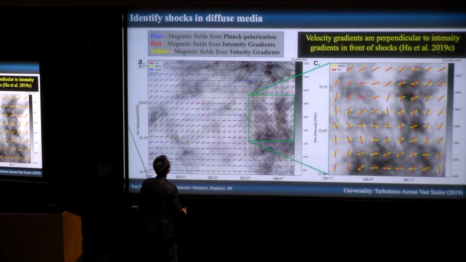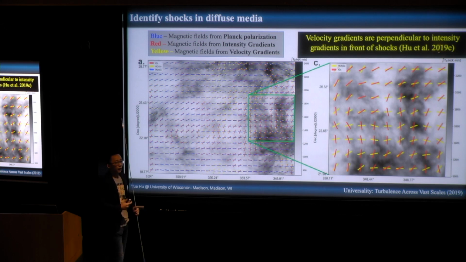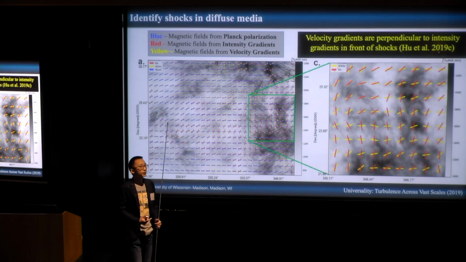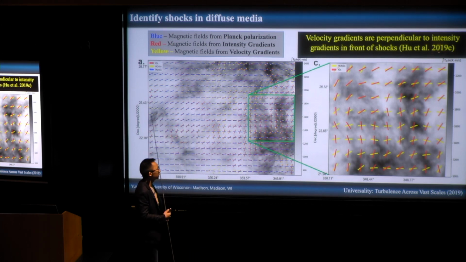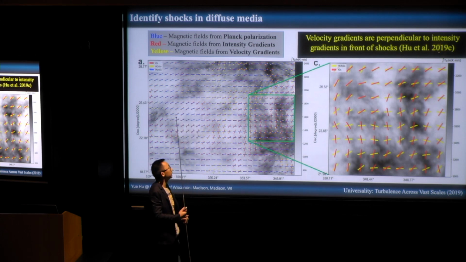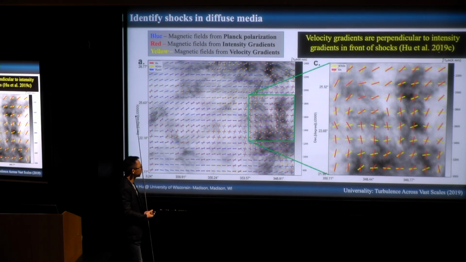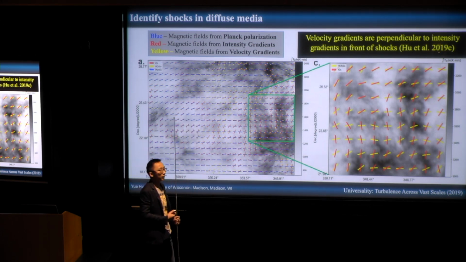In addition to the velocity gradients, we also have the information about intensity gradients. Because the shock of the intensity structure becomes perpendicular to the magnetic field, that indicates the intensity gradients are actually aligned with the magnetic field.